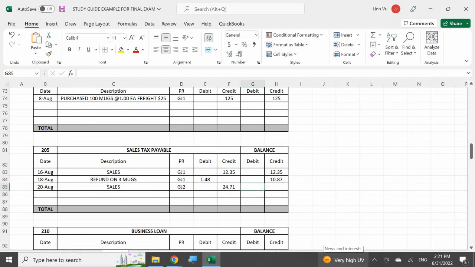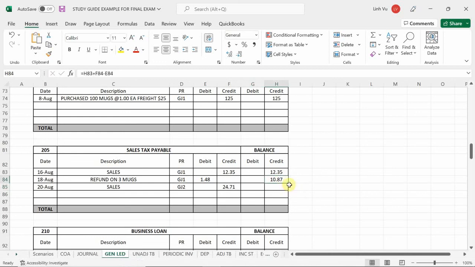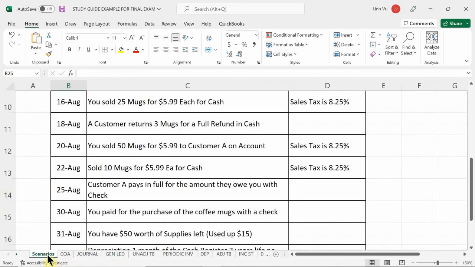So what's my sales tax payable now? $35.58. Okay.